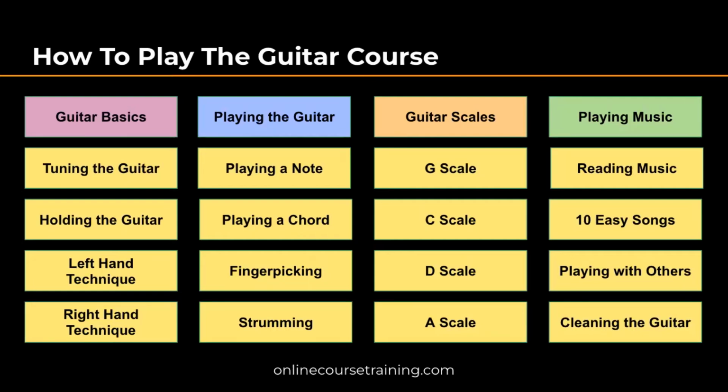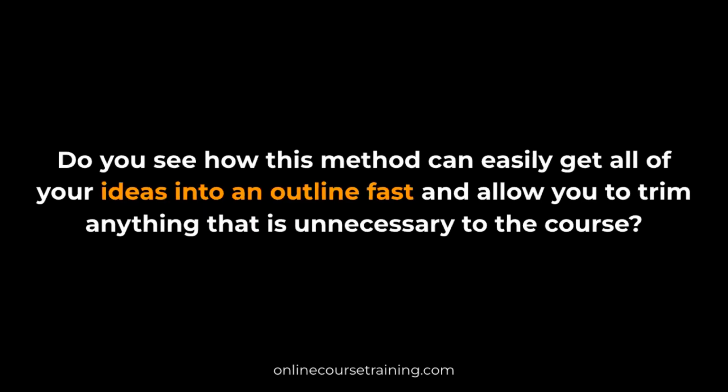And maybe you decide something doesn't fit and you want to move it or take it out or add to it. It's very easy to do that. So do you see how this method can easily get all of your ideas into an outline fast and allow you to trim anything that is unnecessary to the course? So if you're watching this and this is not something you've seen before, I highly recommend you go try that out.